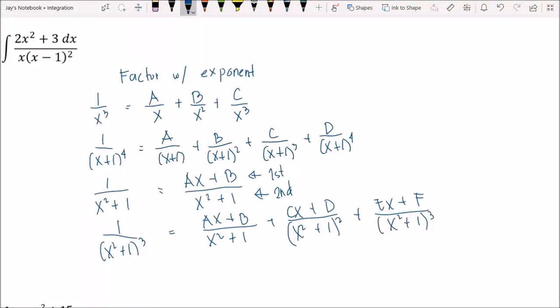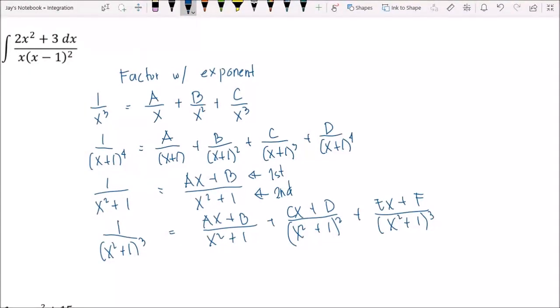So you have a partial fraction for each exponent from the first degree up. If our denominator is at the second degree, then we have to make our numerator at the first degree.